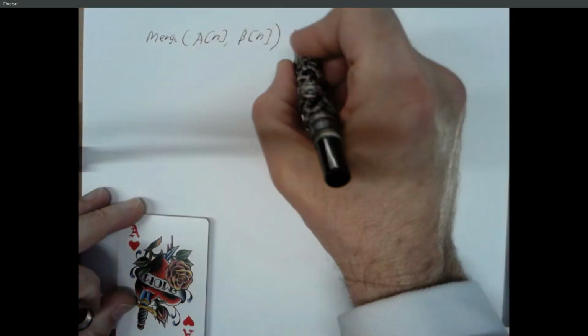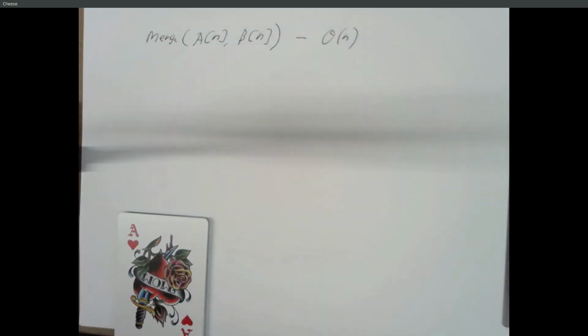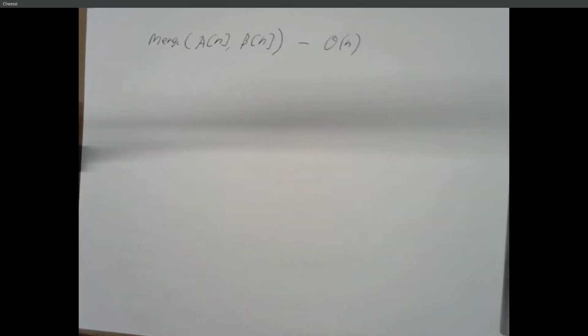So assuming we have 2 arrays, roughly n elements each, this basically takes n operations to put these things together. So we can define an algorithm.